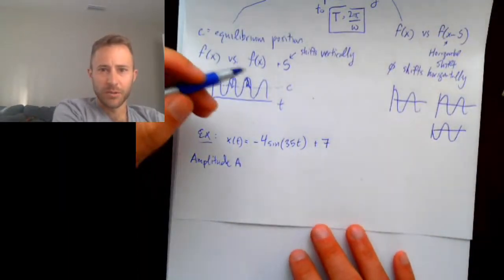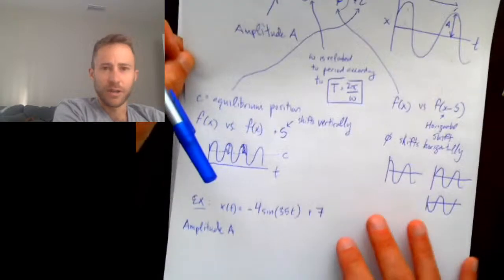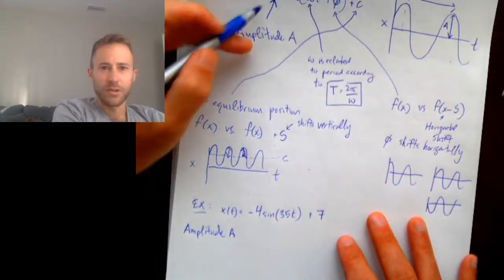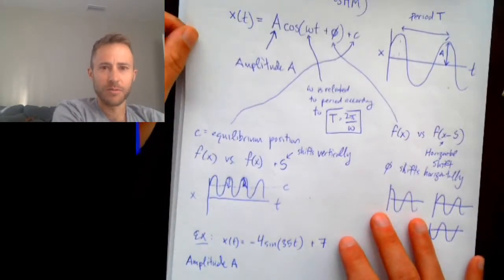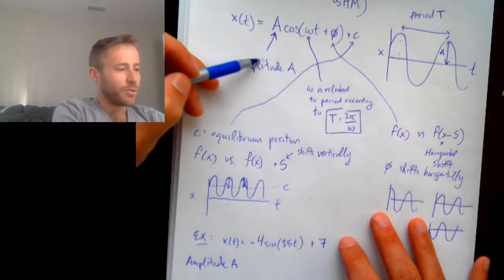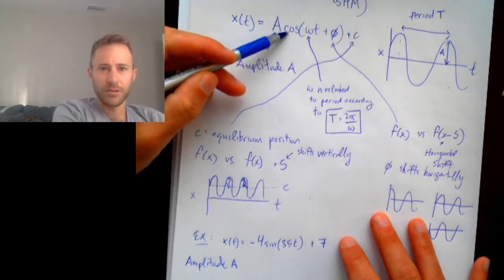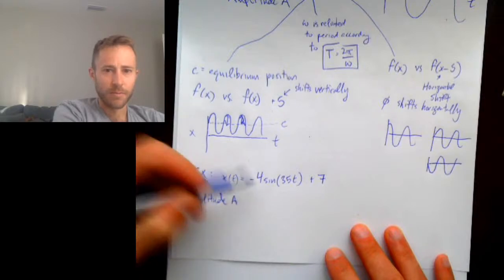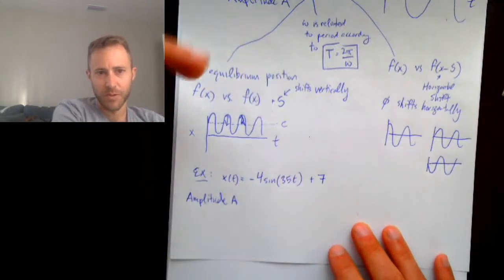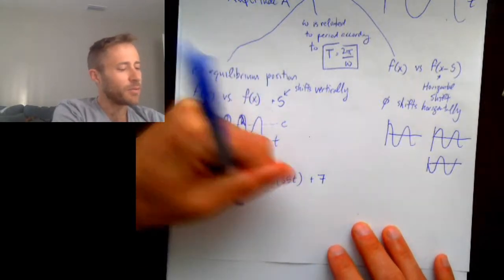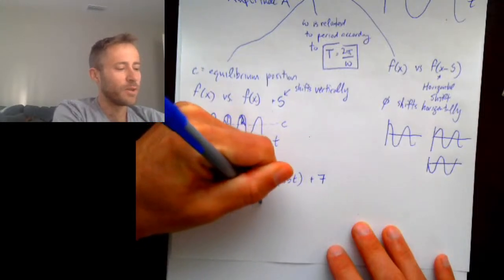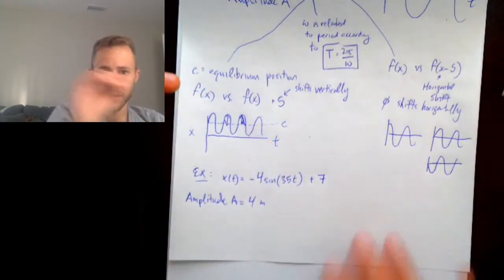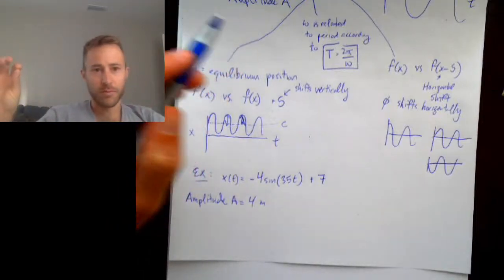To determine the amplitude, we look at our model for simple harmonic motion. The amplitude is the number that multiplies the trig function. The number multiplying the trig function is 4. I should say it's the absolute value of that number. So the amplitude in this case is 4 meters. That's the size of the back and forth.